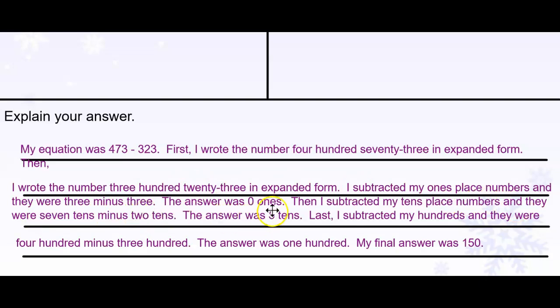The answer was 0 ones. Then I subtracted my tens place numbers, and they were 7 tens minus 2 tens. The answer was 5 tens. Last, I subtracted my hundreds, and they were 400 minus 300. The answer was 100. My final answer was 150.